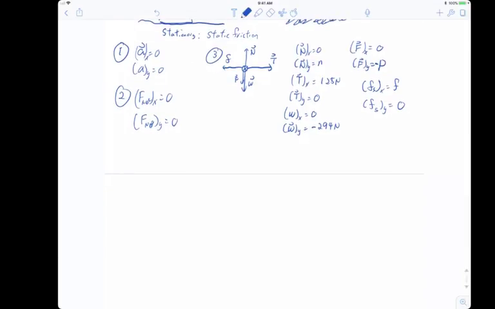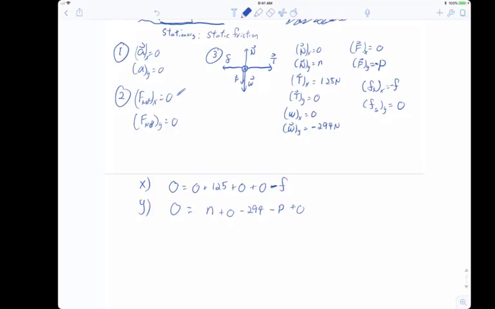So now I'm going to put all these pieces together in the x direction. So net force is 0. So that's 0 plus 125 plus 0 plus 0 plus, oh, this is a minus number, minus that force. And in the y direction, it's 0 is equal to n plus 0 minus 294 minus p plus 0.